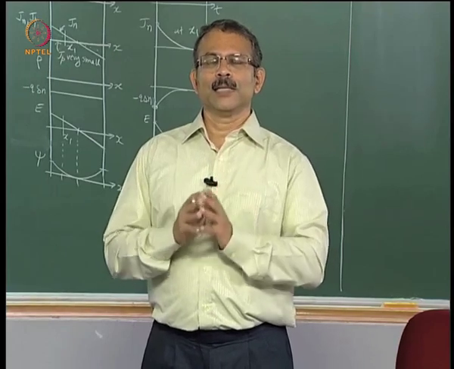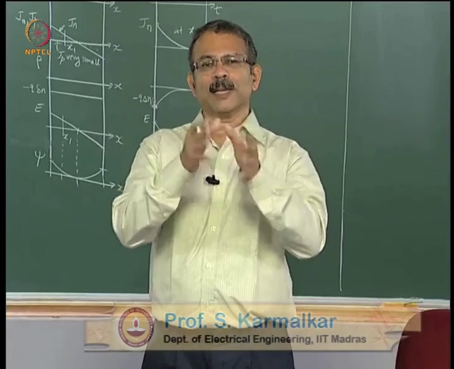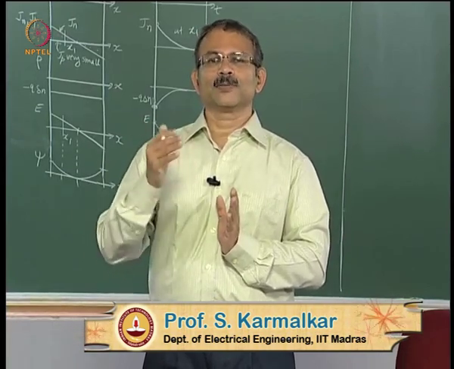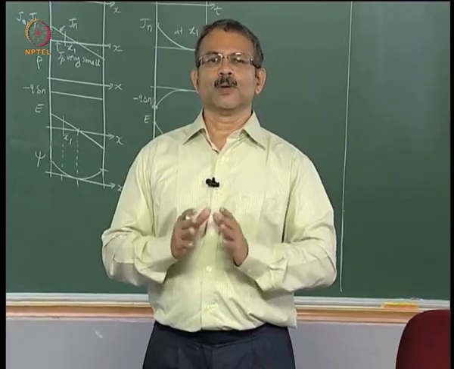So we will complete this discussion of the decay of space charge when you inject majority carriers, and we will repeat a similar exercise for minority carrier injection also. This we will do in the next class.